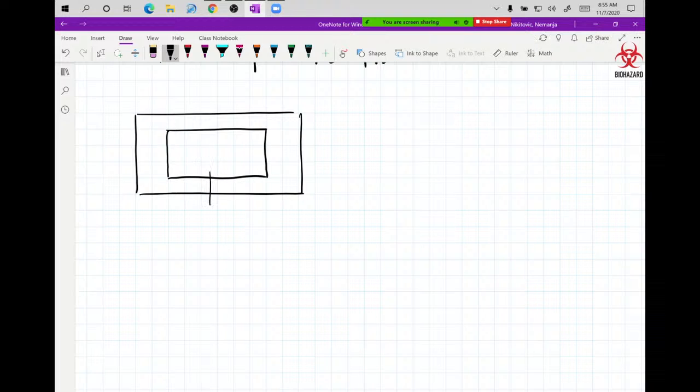They say that this distance here is 1 meter and this distance here is also 1 meter, and they have these distances 2 meters and 2 meters. Now a meter is about 3 feet, so 2 meters is about the height of a person.